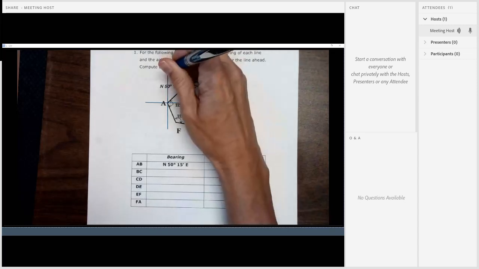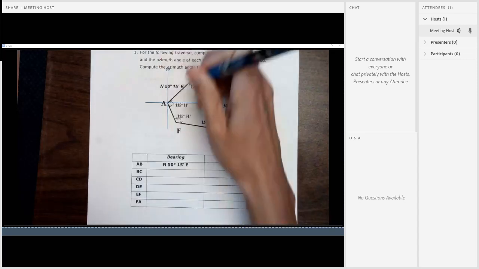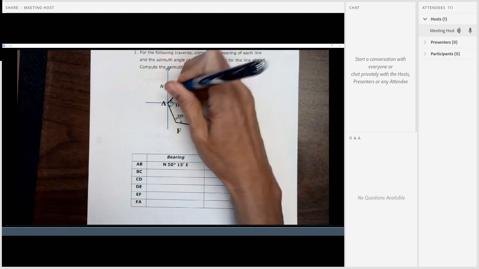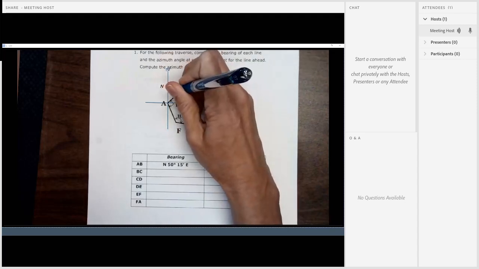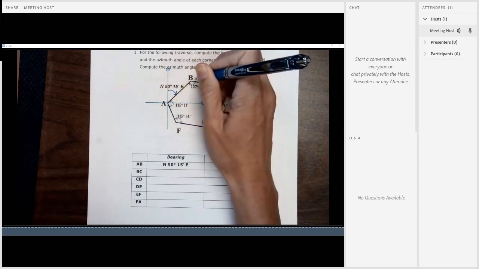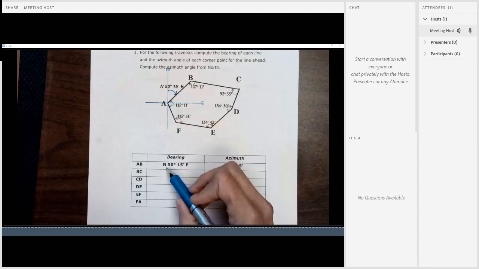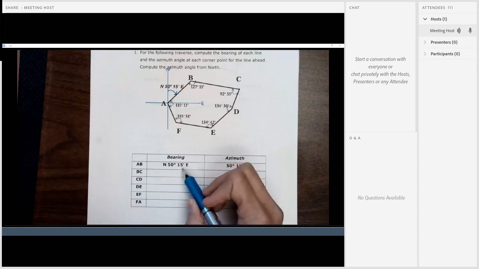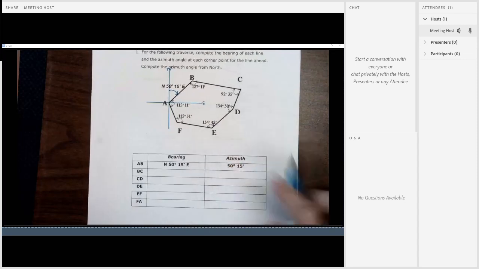For my little coordinate I drew here, that's my north line, that's my east line. So this angle is measured coming from the north, going to the east until it hits this forward bearing AB. So my directions are there, part of my bearing measurement coming from the north, going to the east, and then the angle measurement is the 50 degrees and 15 minutes.